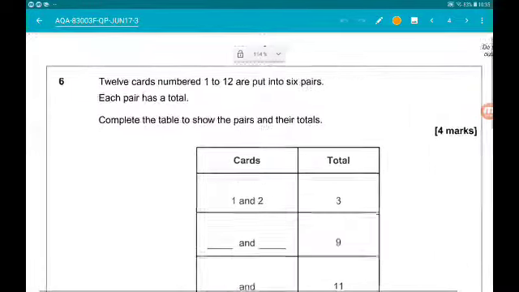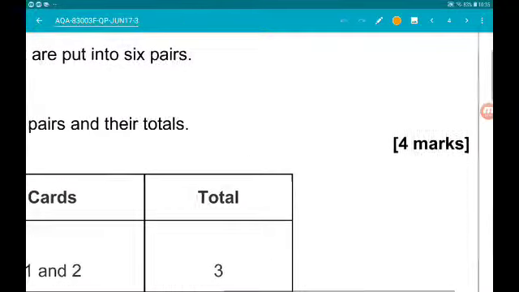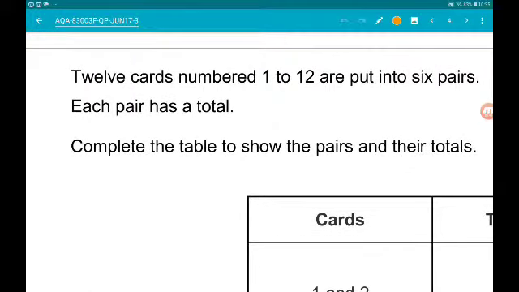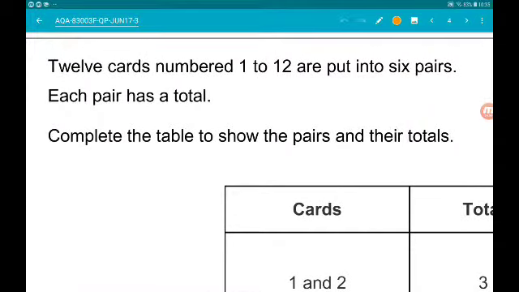Okay, question 6. This one is 4 marks. 12 cards numbered 1 to 12 are put into 6 pairs. Each pair has a total.